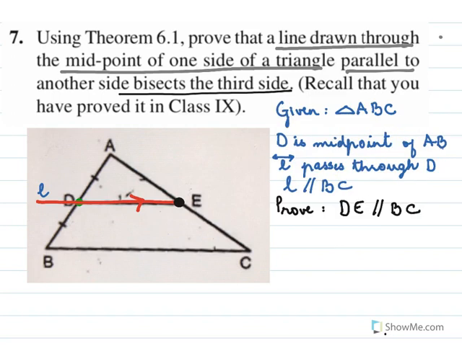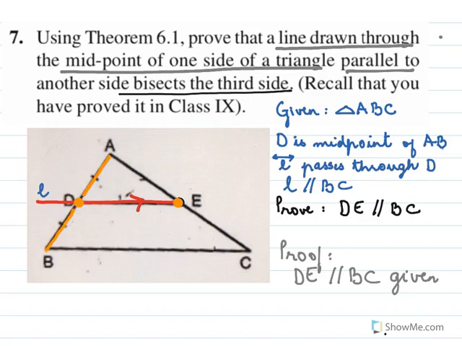Let's begin with the proof. We start with that L or DE is parallel to BC, and this is given. The minute we have a line parallel, what comes to our mind is BPT. So I have these two points here.